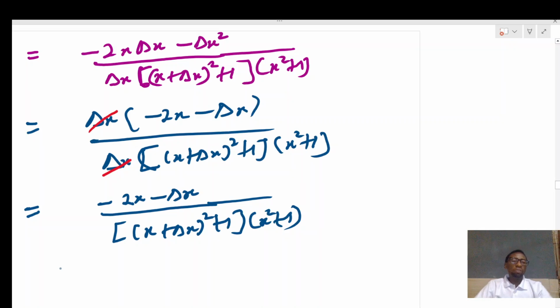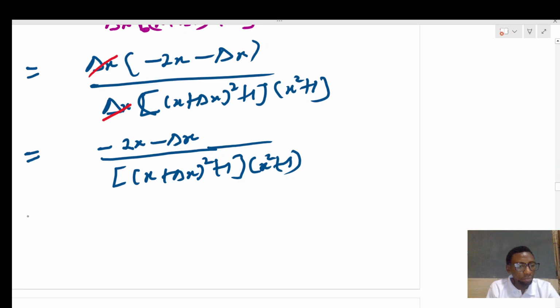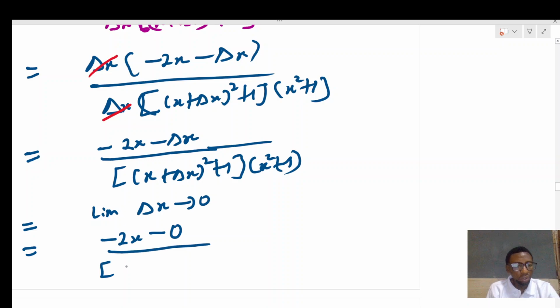At this point that I've simplified, I can take my limit as delta x tends to 0. So if I take my limit now, I have minus 2x minus 0 over square bracket x plus 0 squared plus 1, then x squared plus 1.